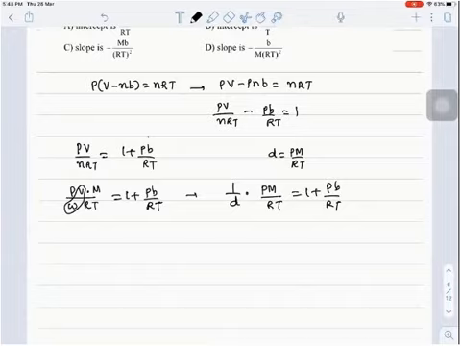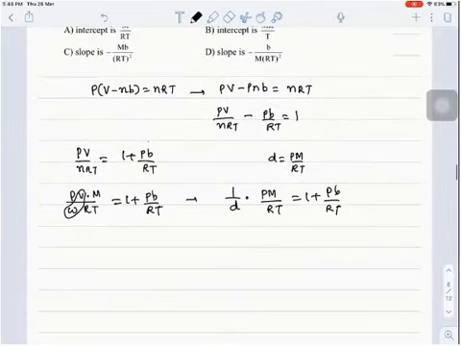Here we need d/P. So taking the reciprocal, this becomes dRT/PM = (1 + PB/RT)^-1.